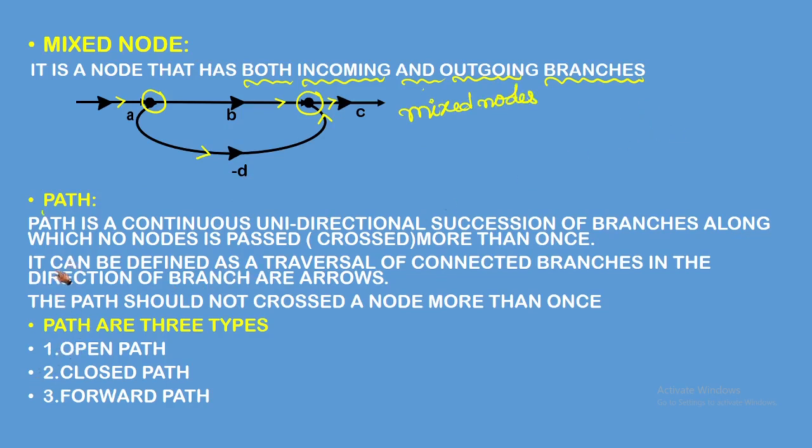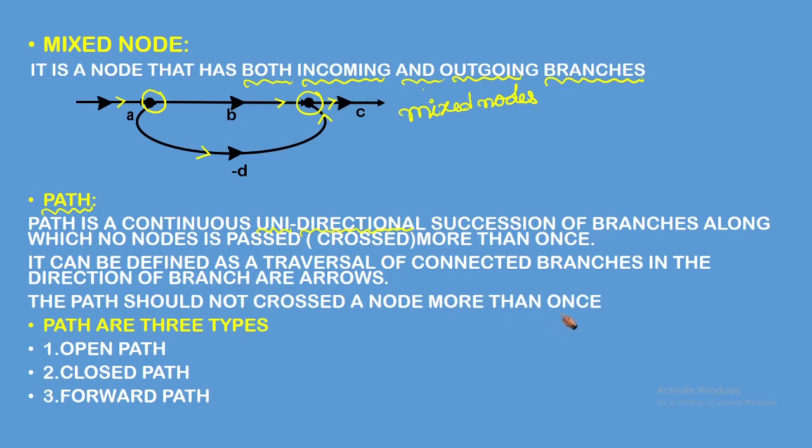And what is the meaning of a path here? If you take the path definition, a path is a continuous unidirectional succession of branches along which no node is passed or crossed more than once.